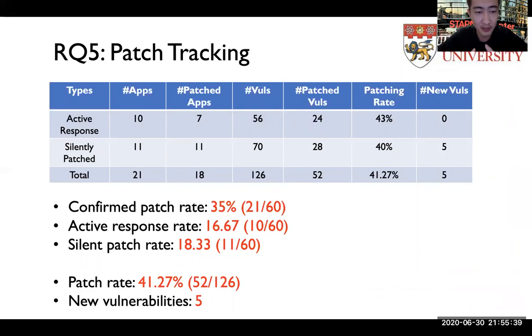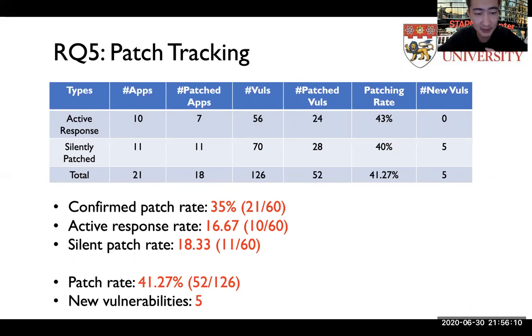Until now, 21 banks have confirmed our reported vulnerabilities in different ways, through active response and silent patching. 10 banks have confirmed our reported vulnerabilities by emailing us positive feedback, and 7 of them have patched our reported vulnerabilities. The remaining 3 banks claimed that they will fix our reported vulnerabilities in the next release version.